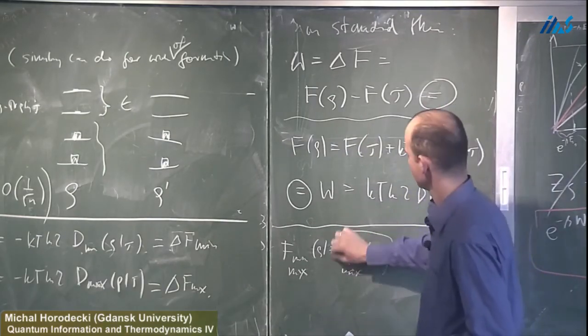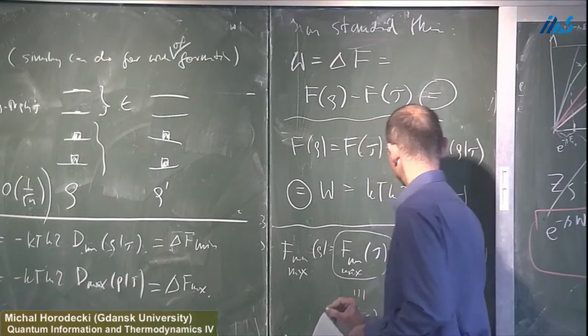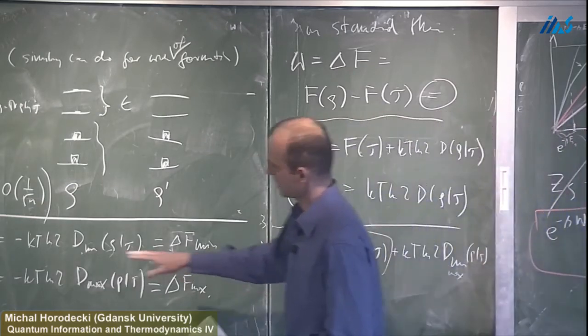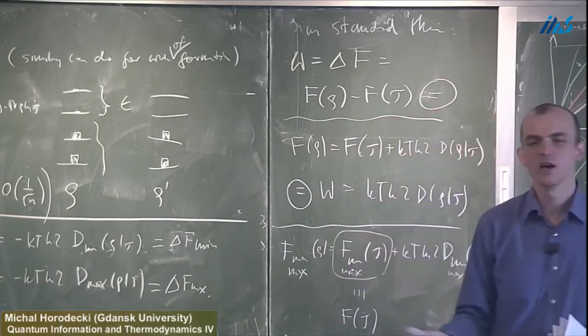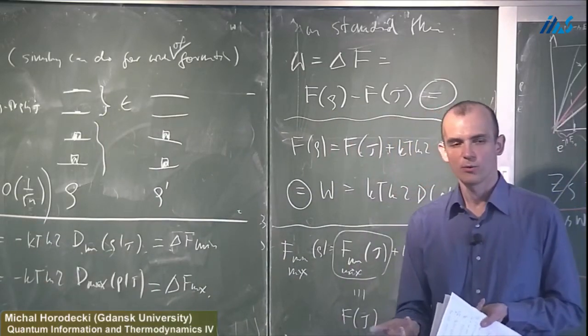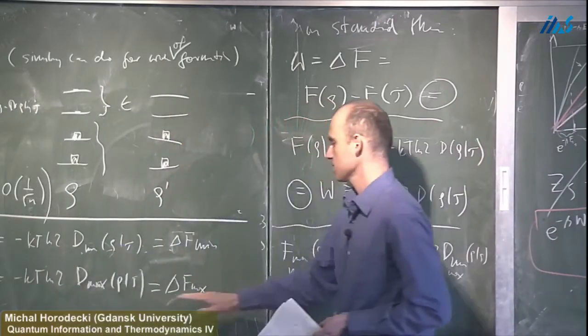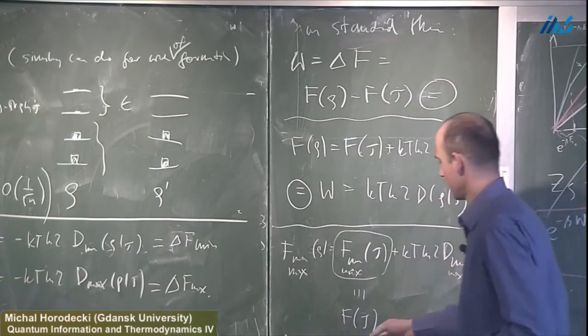And for tau we set it equal to F of tau. Therefore, with these definitions, you really get that work is the difference of free energies. But it depends: if you want to extract work, then it's the min free energy. If you want to put in work, it's the max free energy. And these things are different.